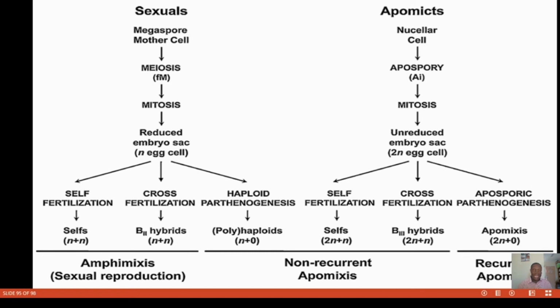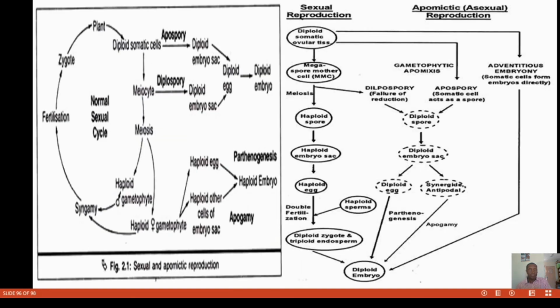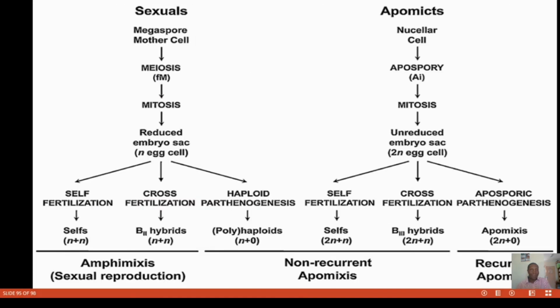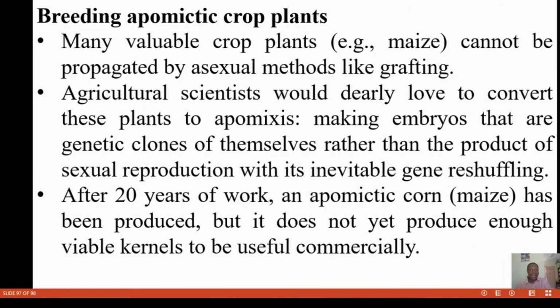Pay attention as to the various stages that compare, and pay attention to what are the products of the amphimixis and the apomixis. This diagram simply explains this one here. They are the same.